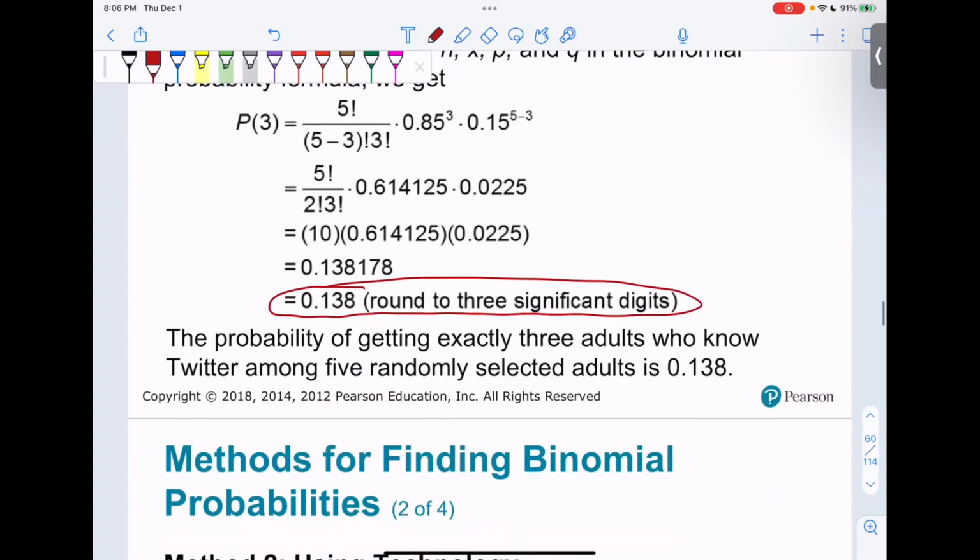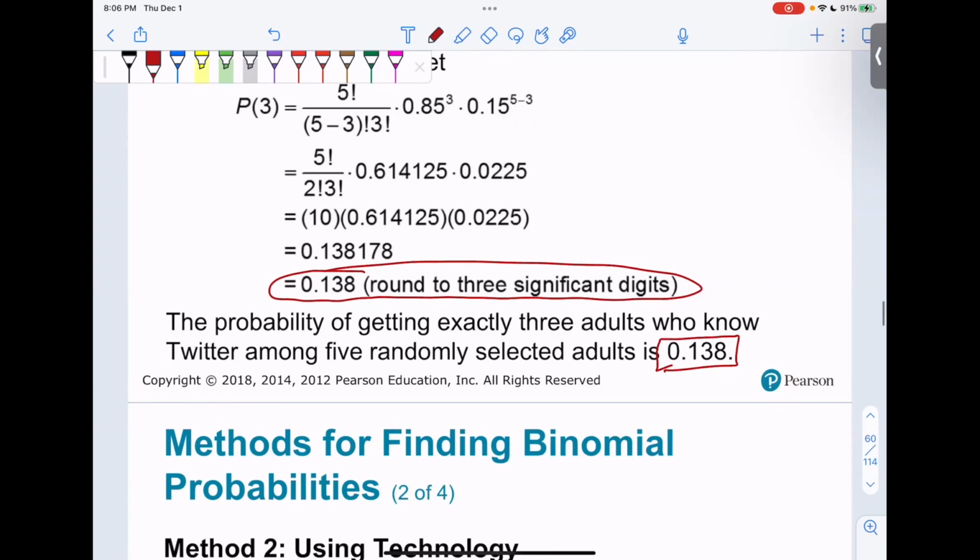So the probability of getting exactly 3 adults who know Twitter among 5 randomly selected adults is this value. Round to three digits for probability, all the time.